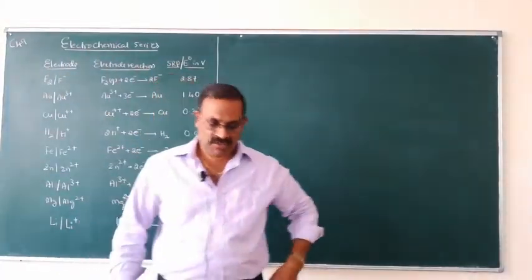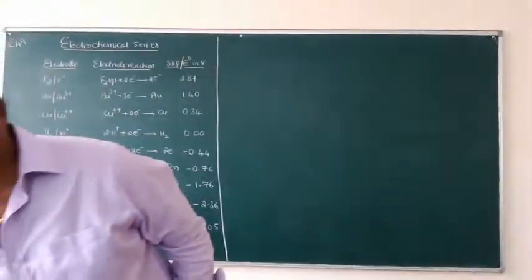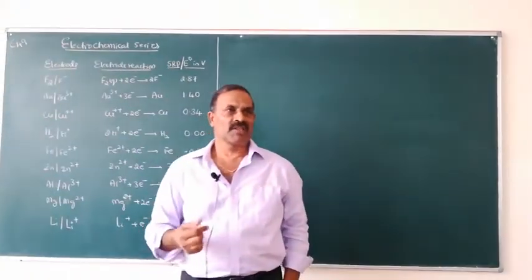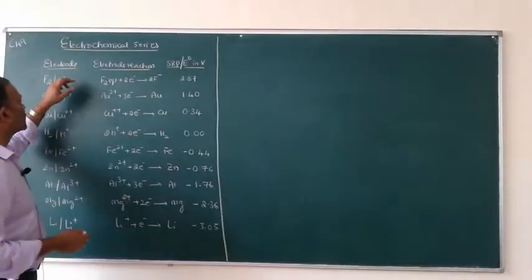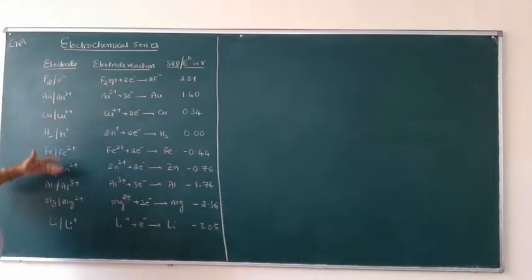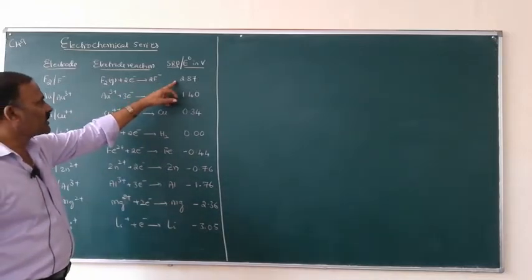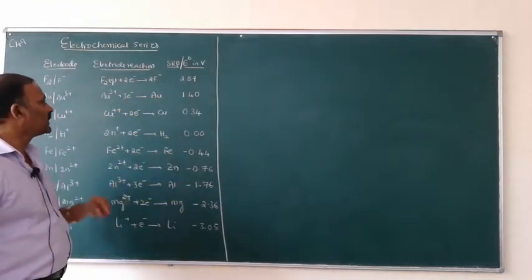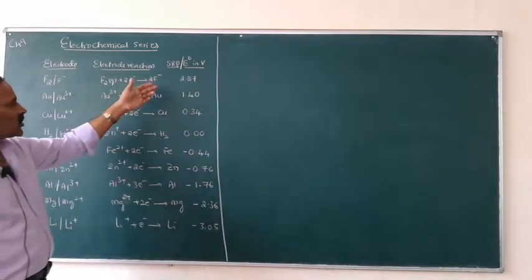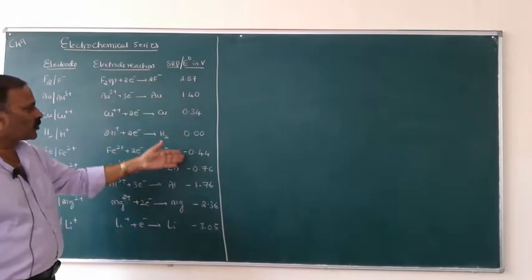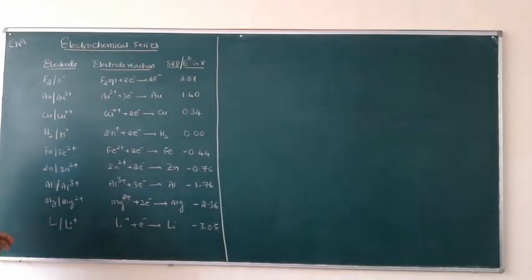So, dear students, yesterday we were discussing electrochemical series. What is electrochemical series? The arrangement of electrodes in the decreasing order of their standard reduction electrode potentials from top to bottom is known as electrochemical series.